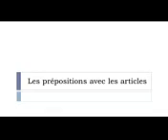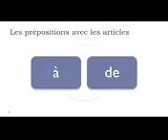Les prépositions avec les articles. So it will be the first step into this big thing that we will do concerning the prepositions, because it's quite important in French. And then I thought it might be important to work on them at this point of our learning process. So first here in this video we'll work on à and then de, and especially when you combine these two prepositions with articles.